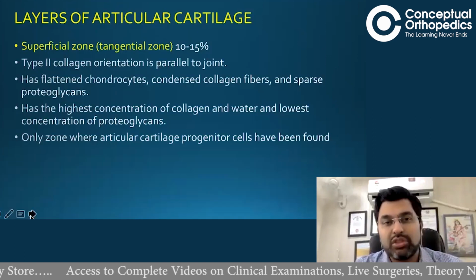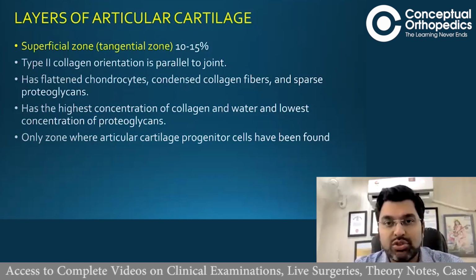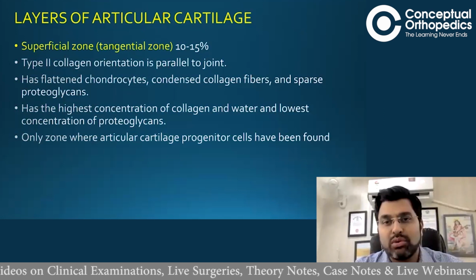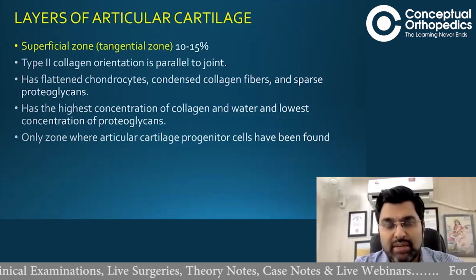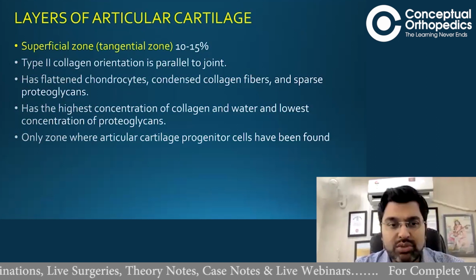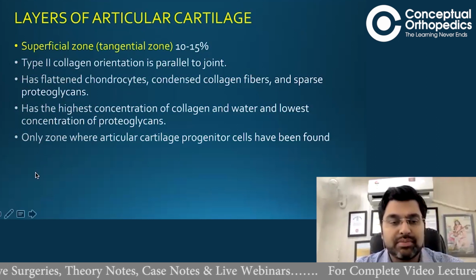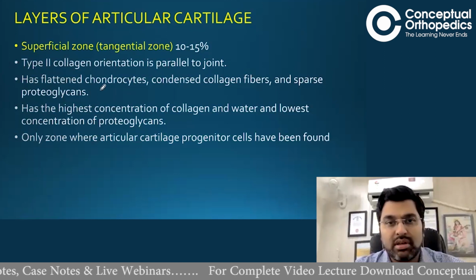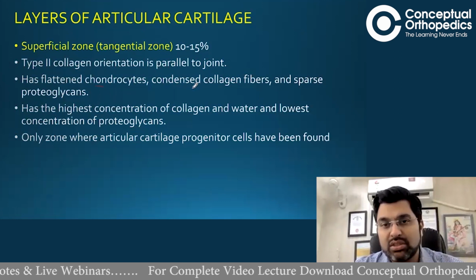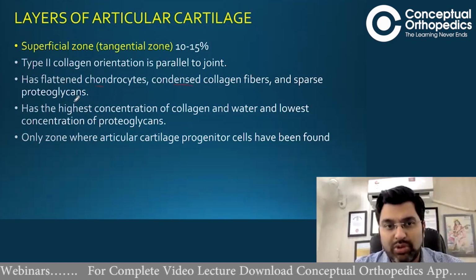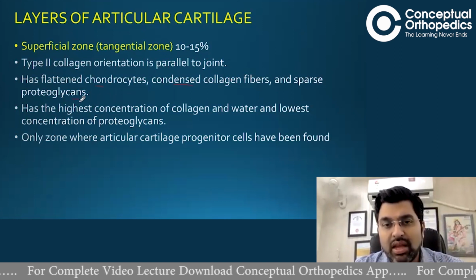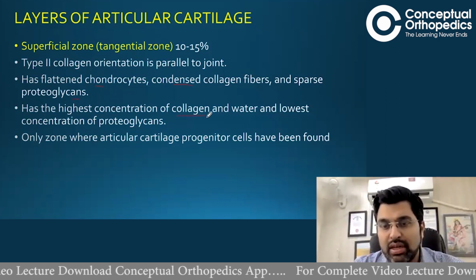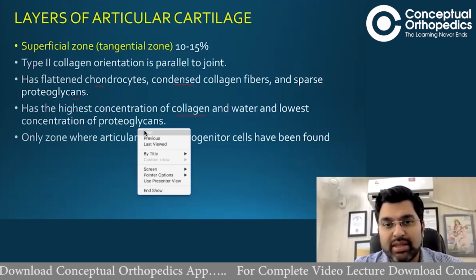The superficial zone is also called the tangential zone. It comprises 10 to 15% of the total cartilage width. It mainly has type 2 collagen, which is parallel to the joint. It has flattened chondrocytes, condensed collagen, and sparse proteoglycans. It has the highest concentration of collagen and water and the lowest concentration of proteoglycans.